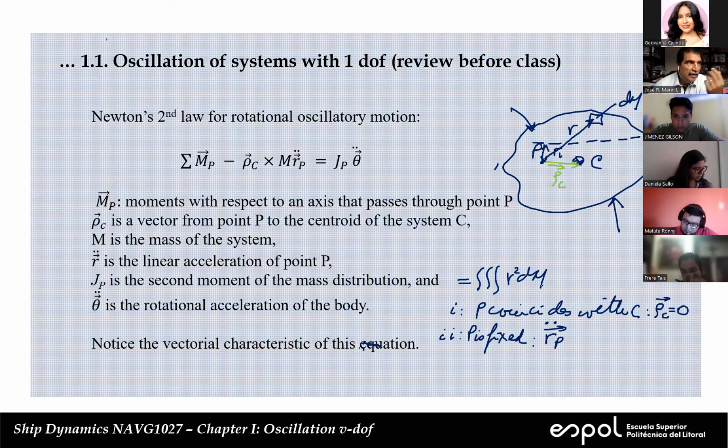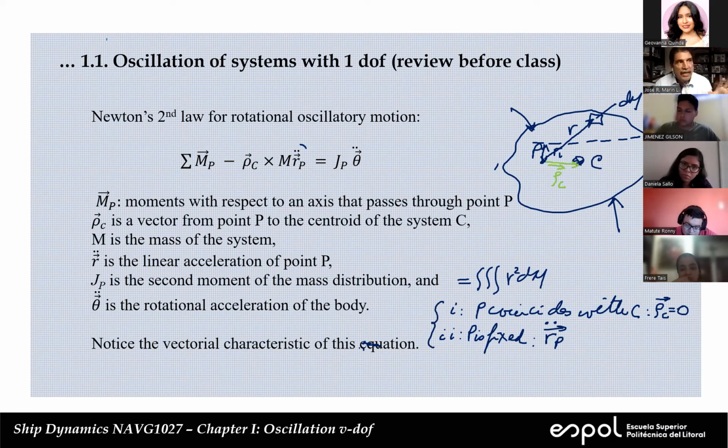If it doesn't have velocity, it cannot change something that doesn't exist. So the second derivative is 0, and this term disappears. And again, this term here disappears, and we have only this summation of moments on the left-hand side. So these 2 special situations we can apply quite often.